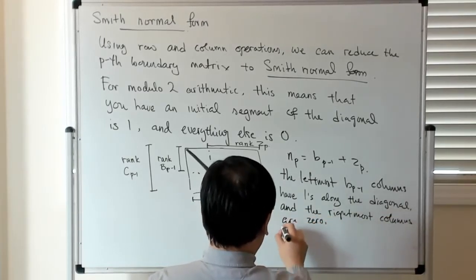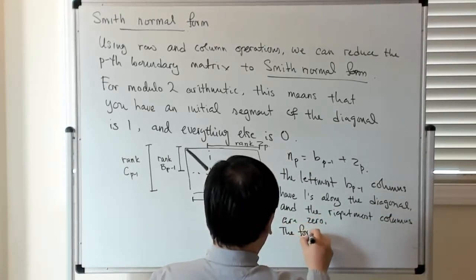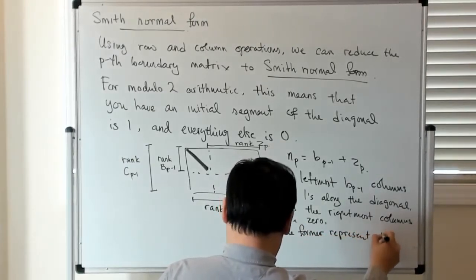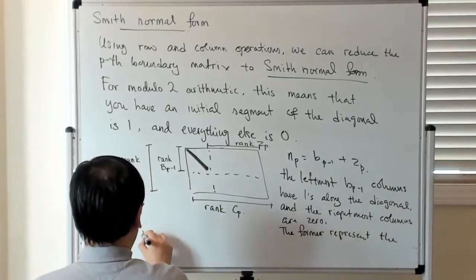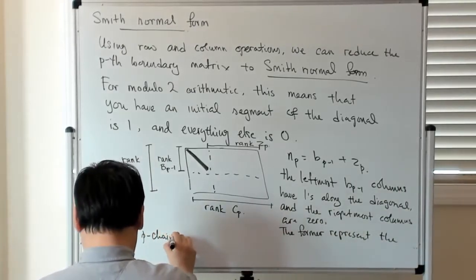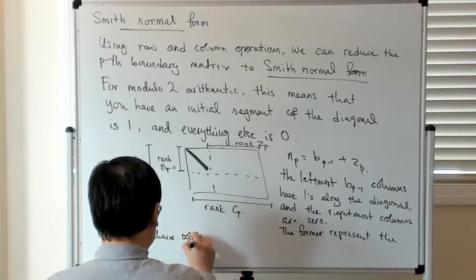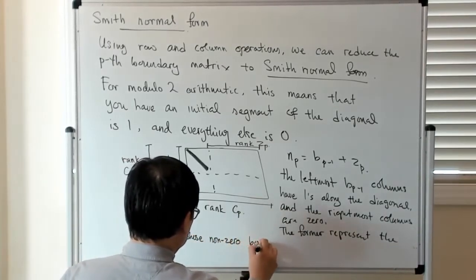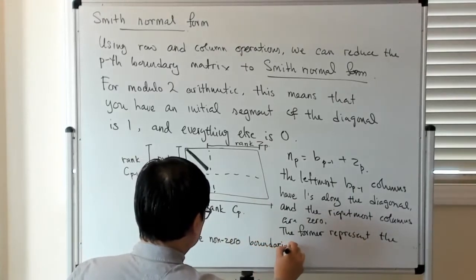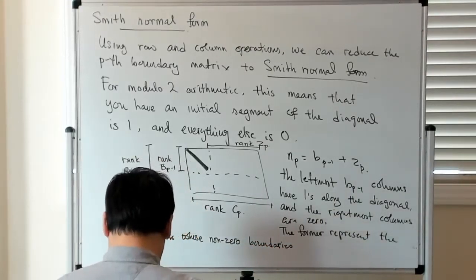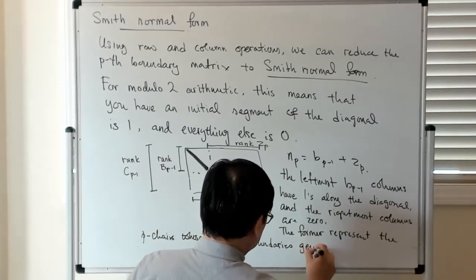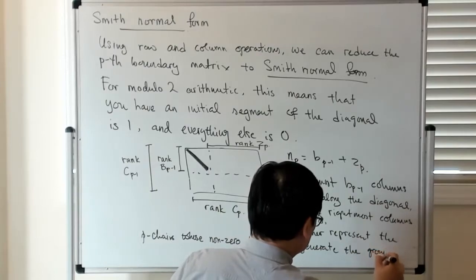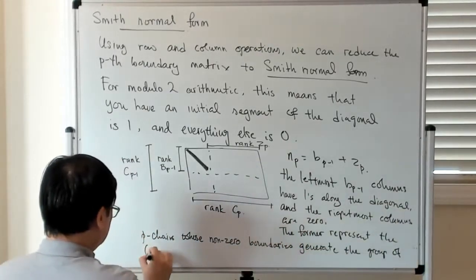So the former represent the P chains whose non-zero boundaries generate the group of P-1 boundaries, right?